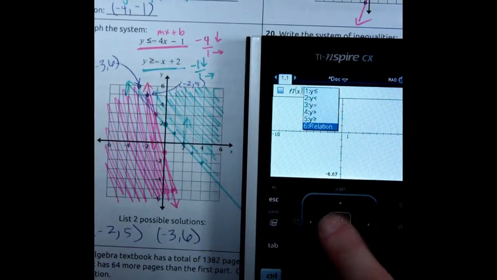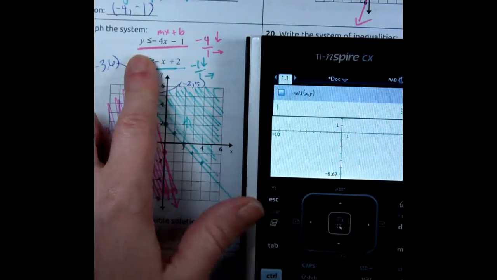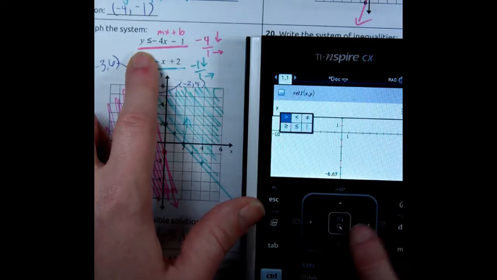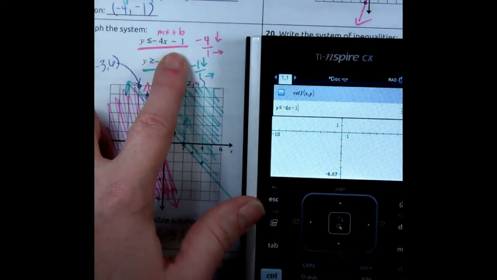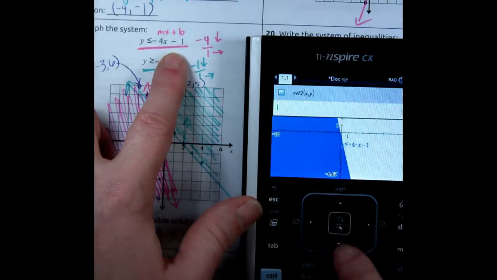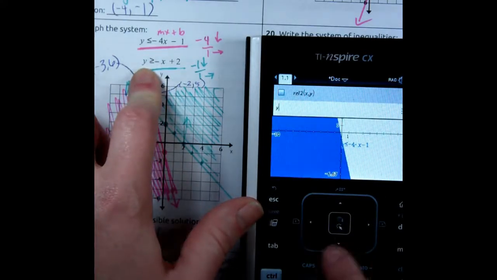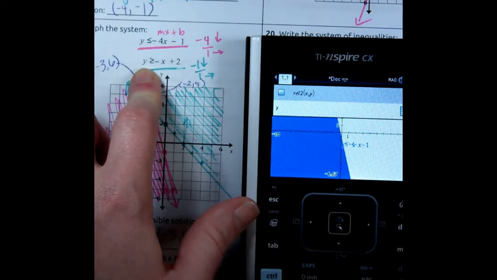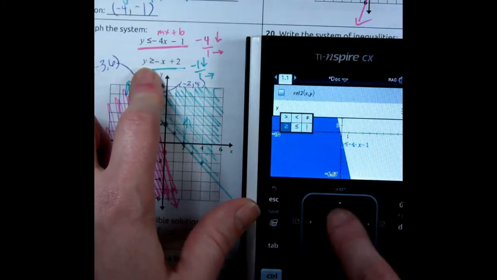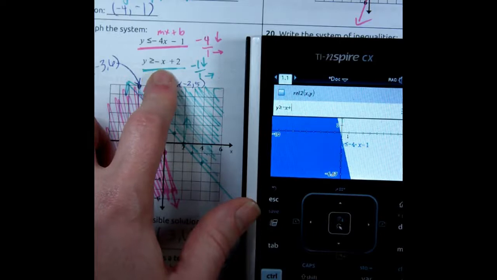We're going to go to relation, y less than or equal to -4x minus 1, tab, y, whoops, what have I done? Tab. Greater than or equal to -x plus 2.